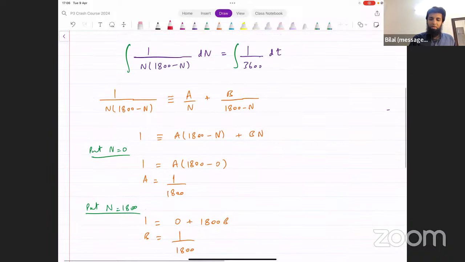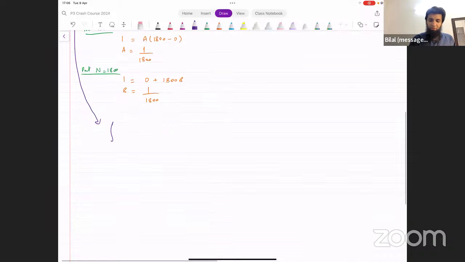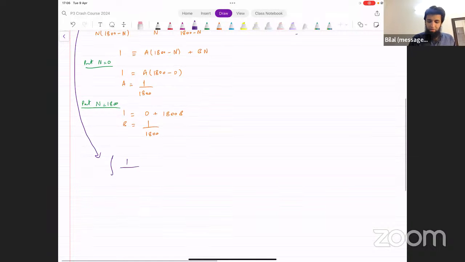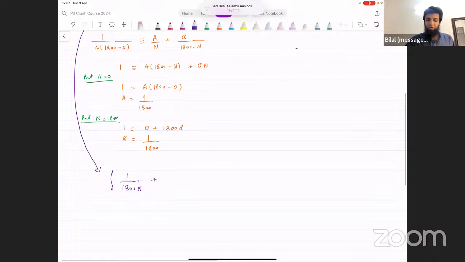So now this can be written as integral of a over n, that means 1 over 1800 times n, plus b over n, that means 1 over 1800 minus n, into another 1800, in fact.